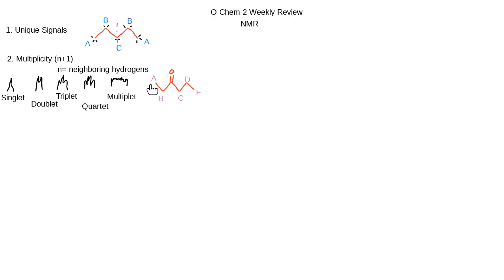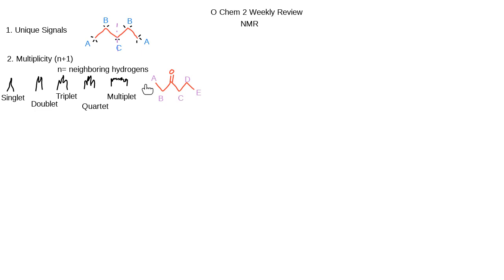Okay, so when we're looking at A, A's only neighbor is B, because C, D, and E are too far away. Neighboring hydrogens have to be exactly 1 carbon away, or 3 bonds from the hydrogen.